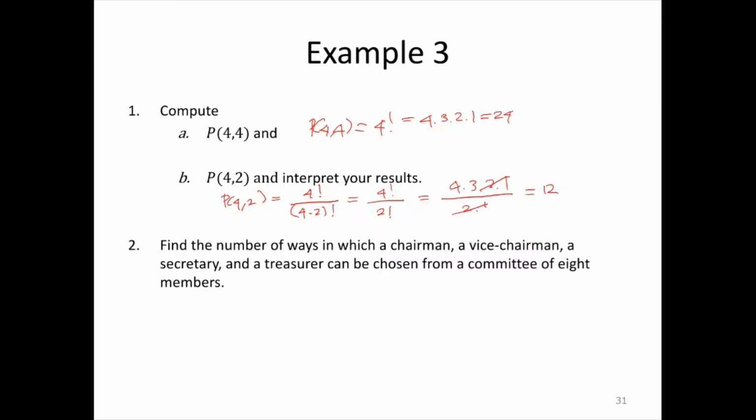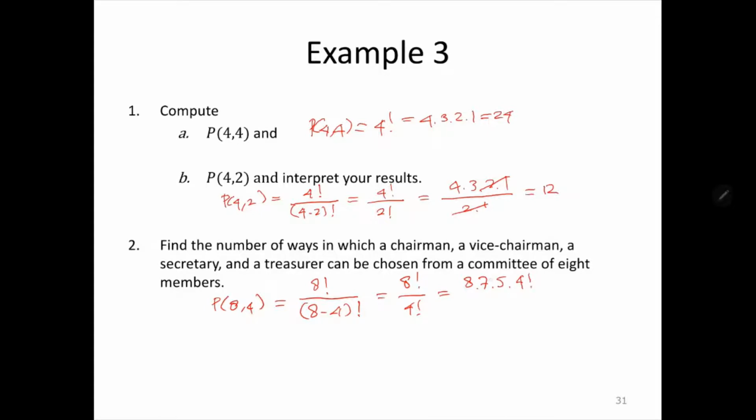So it's going to be P of 8,4, which is equal to 8 factorial over 8 minus 4 factorial, and this is equal to 8 factorial over 4 factorial. You can see here that 8 factorial is just 8 times 7 times 6, I missed 6 here, then times 5, 4, 3, 2, 1, and the 4, 3, 2, 1 is just 4 factorial.